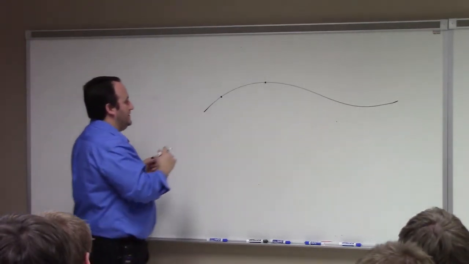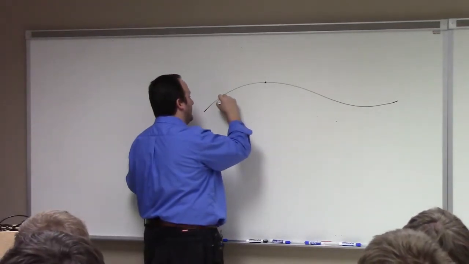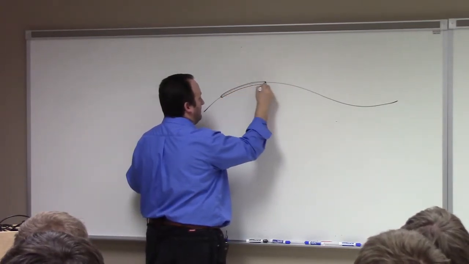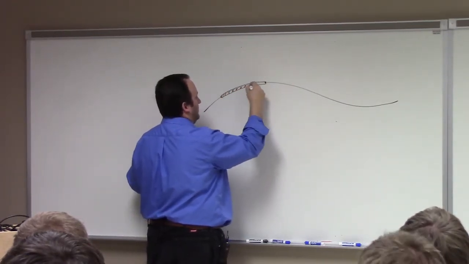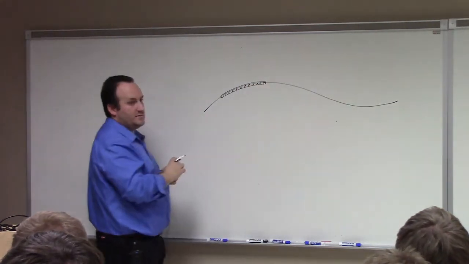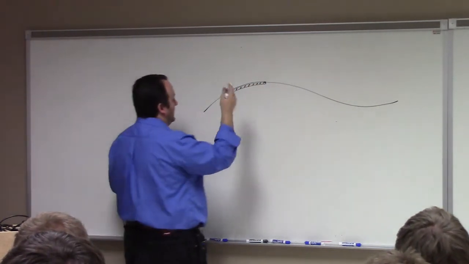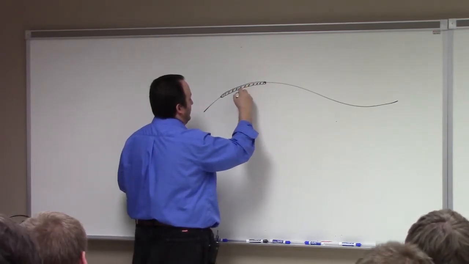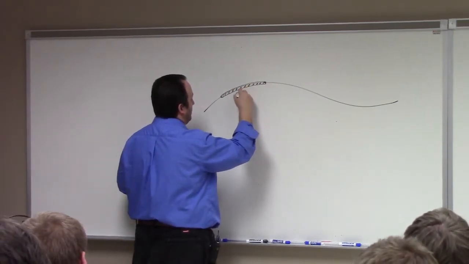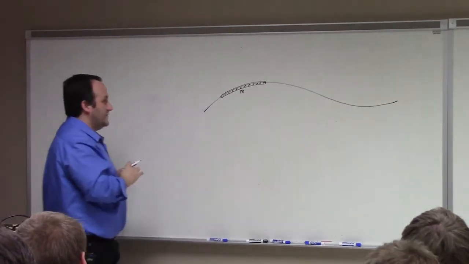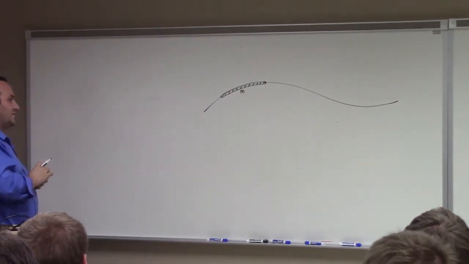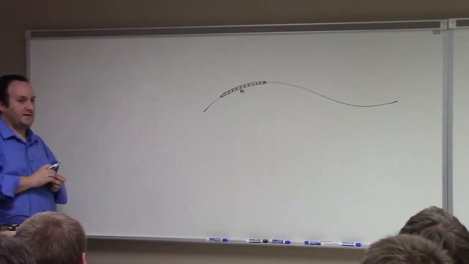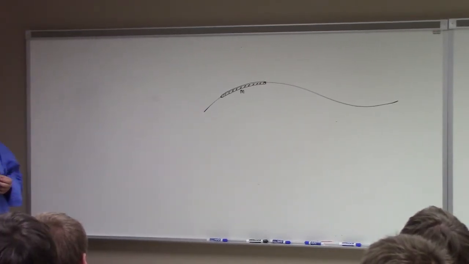So on this little bit of string, of course that's got some little mass, right? There's some mass m here, and so we could study the forces on that string, and we're going to assume that the forces on the string are primarily tension forces, all right?